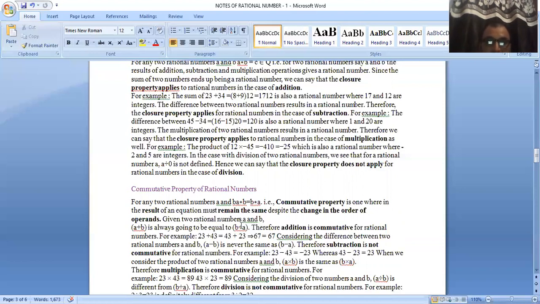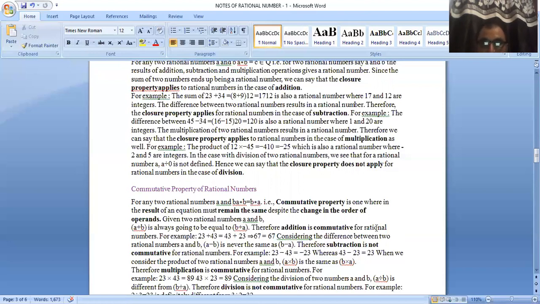So given two rational numbers a and b, a plus b is always going to be equal to b plus a. It means when we find the sum of two rational numbers and then interchange their order and find their sum, the sum in both cases should be the same.